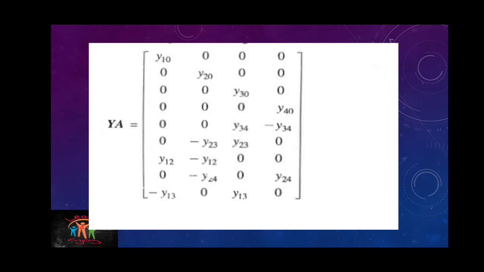Y22 is what? The admittance connected to the second node. And the third one, y33, is the admittance connected to the third node. And the fourth one will be y44. What is y44? The admittance connected with the fourth node.